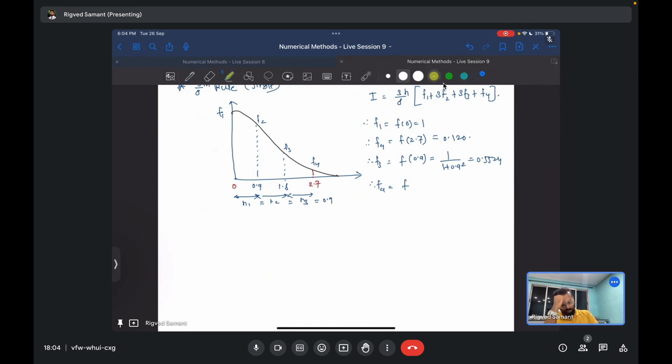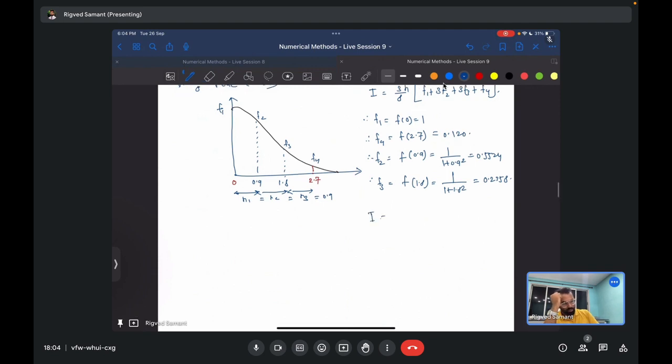We have to find out f2 and f3. f3 is f of 1.8, which is 1 upon 1 plus 1.8 square. So the value would be 0.2358. If you substitute these values in this equation, you will get I equal to 1.1762.